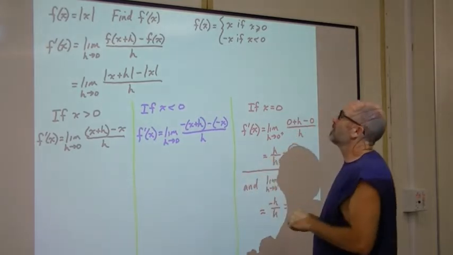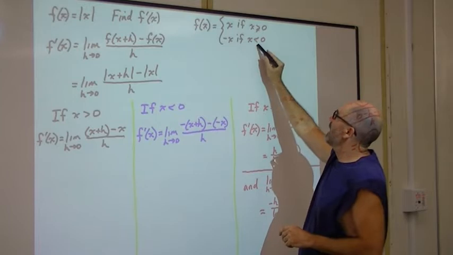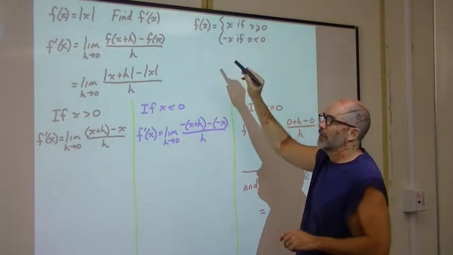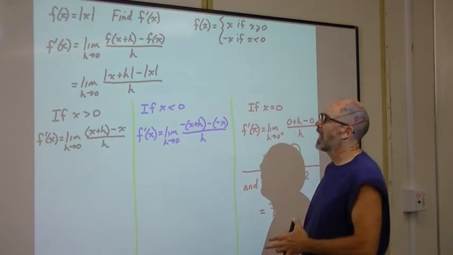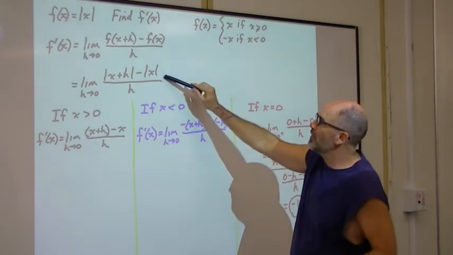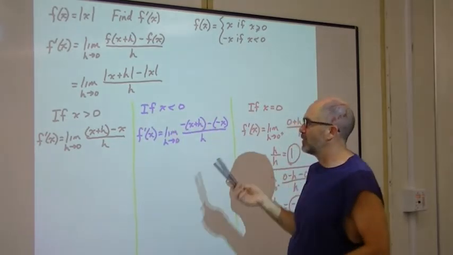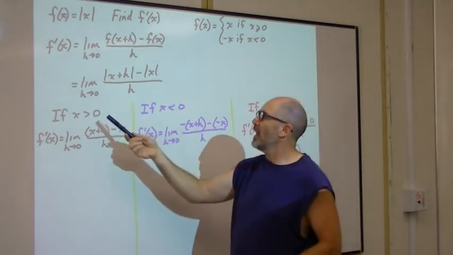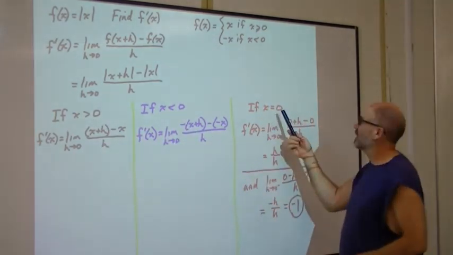Because if I have the absolute value of a negative number, then I have to make that negative number negative to make it positive. So that's what we have here. So our derivative is going to have 3 separate pieces to it. We're going to take the derivative when x is positive, when x is negative, and when x is 0.